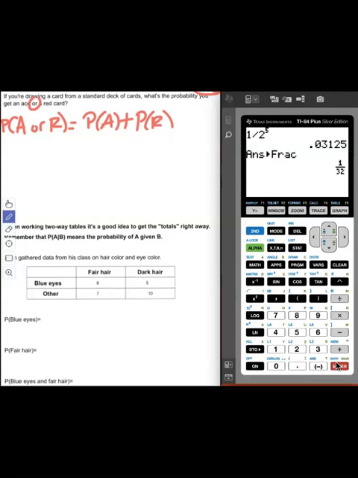These are called non-mutually exclusive because you can have red aces. There's an ace of hearts and an ace of diamonds. So we have to subtract the ones that are both A and R, ace and red.